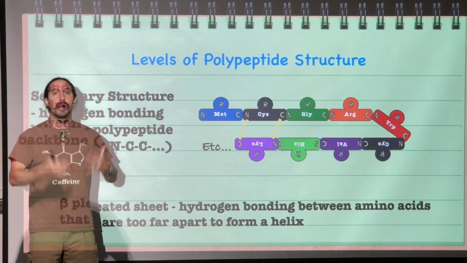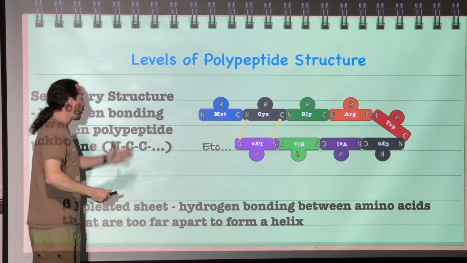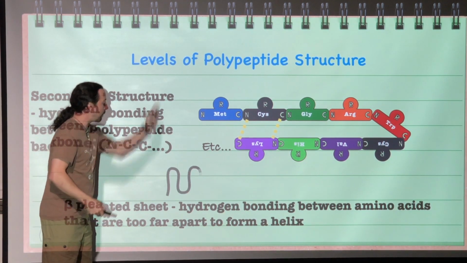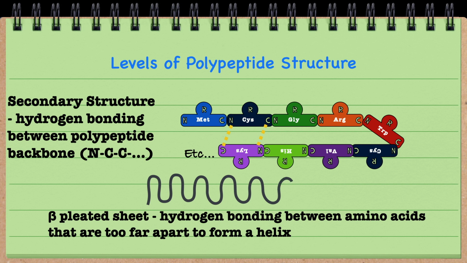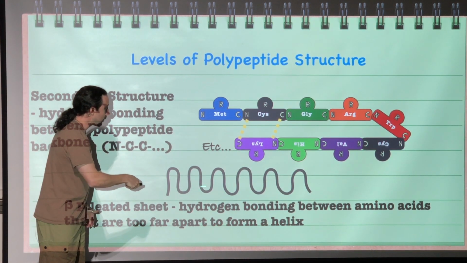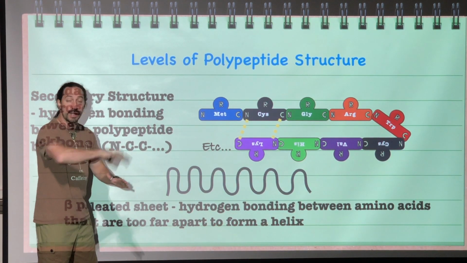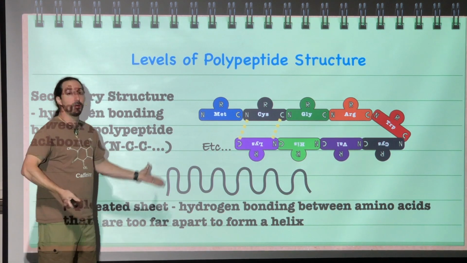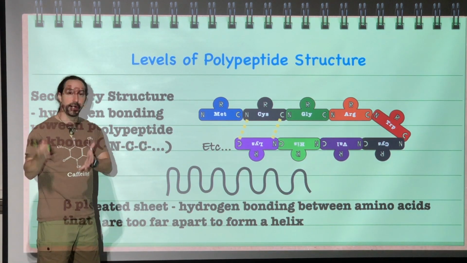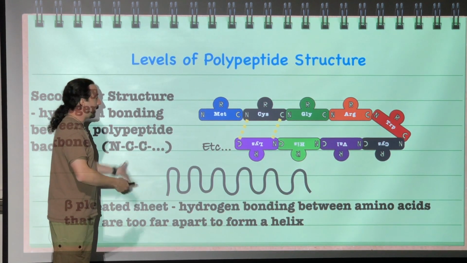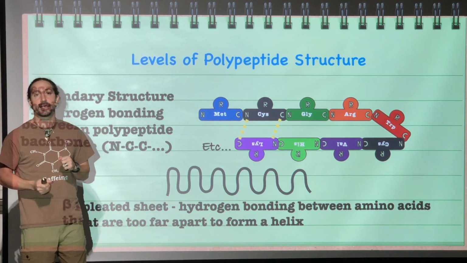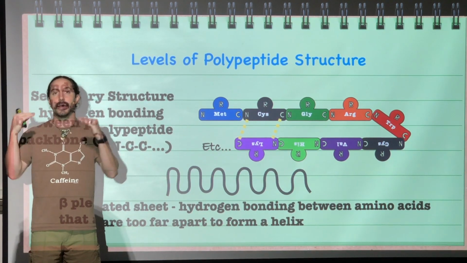It varies, but the key is that now we're going to end up with the chain going back and forth and back and forth and back and forth, weaving, in a sense, around hydrogen bonding between itself to make basically a zigzag pattern, which would be our beta pleated sheet. That is the other structure that can exist in the secondary level.